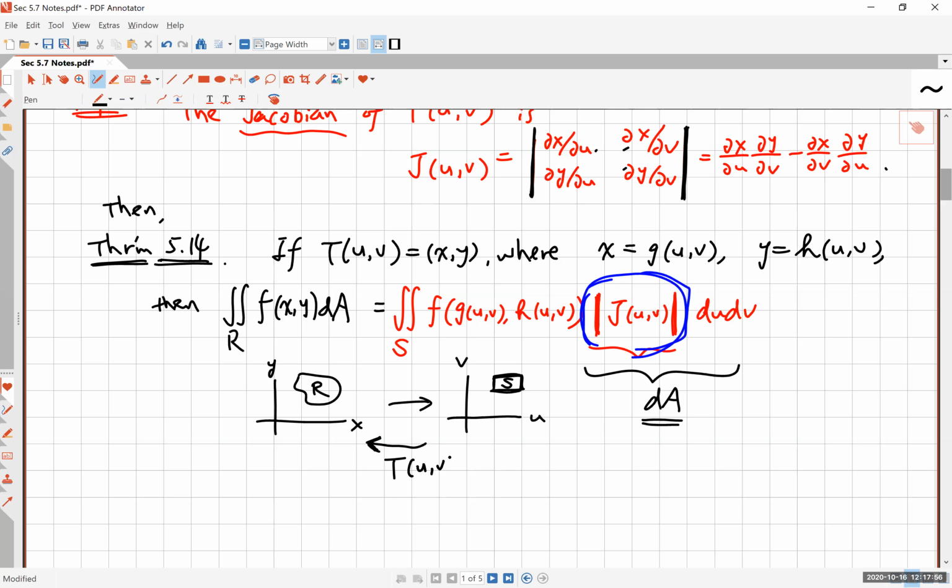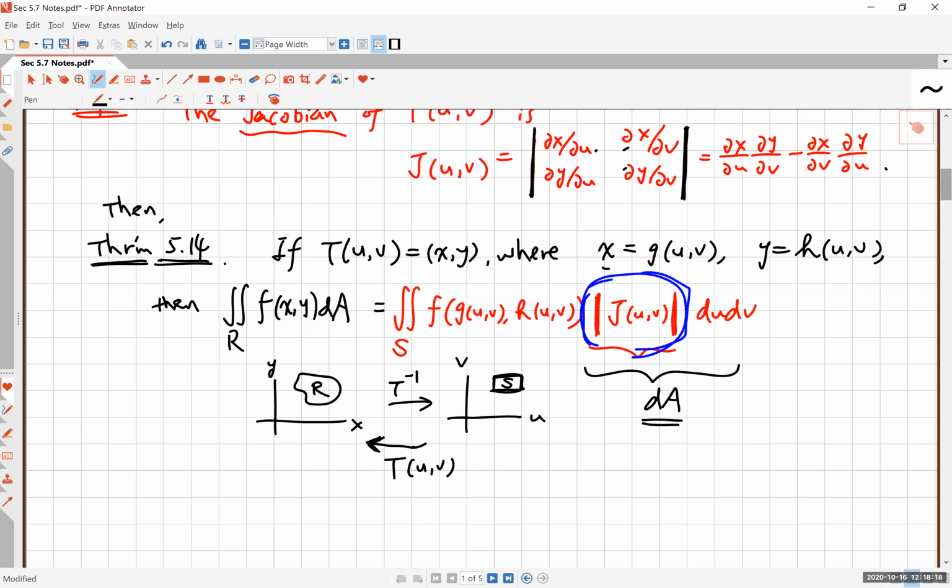So this is T of uv, where T is going to get x and y in terms of u and v. And the way to get there is writing x as g of uv and y as h of uv, okay? And so the transformation here goes this way.